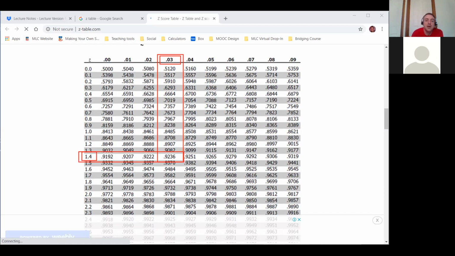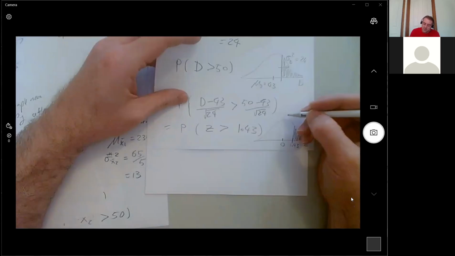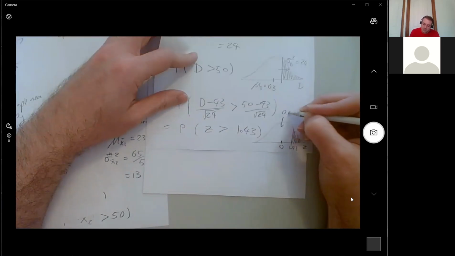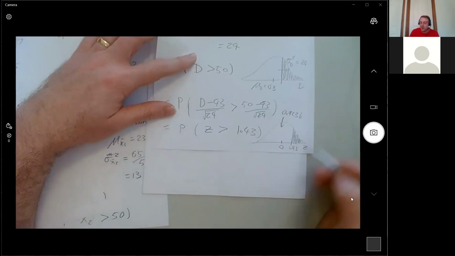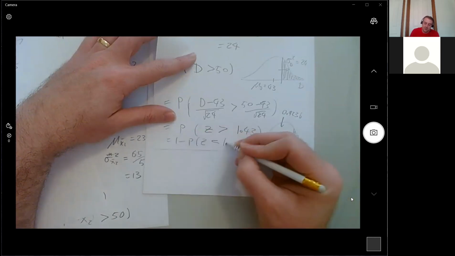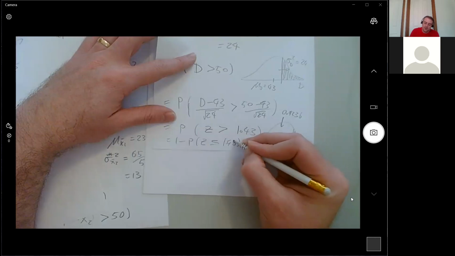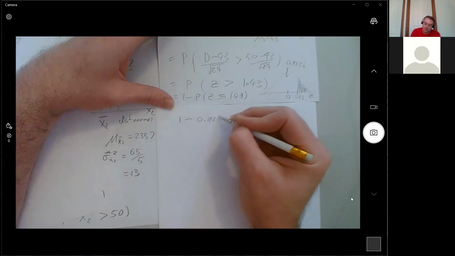So when I go back to my paper, this bit here, according to the table, was 0.9236, and the whole thing is 1. So this must be 1 minus that. 1 minus the probability that Z is less than 1.43, which according to the table was 0.9236.